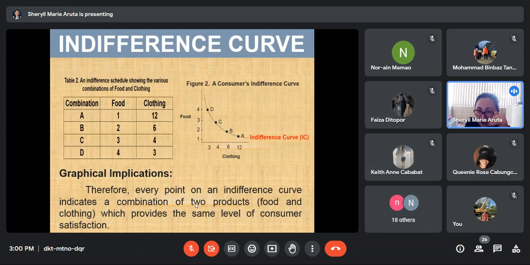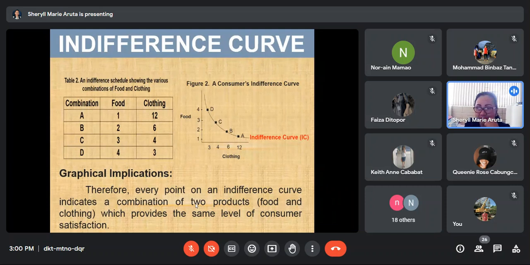To increase the food, you have to give up your clothing. So as you look at that indifference schedule, his clothing decreases to increase his food. So therefore, every point on an indifference curve indicates a combination of two products, food and clothing, which provides the same level of consumer satisfaction.